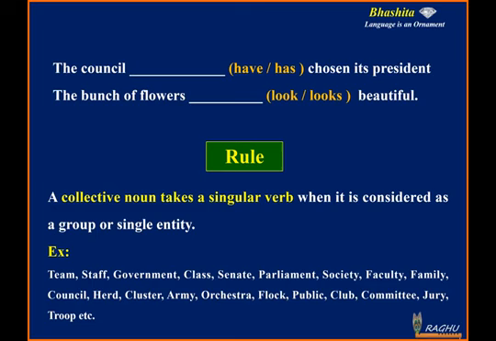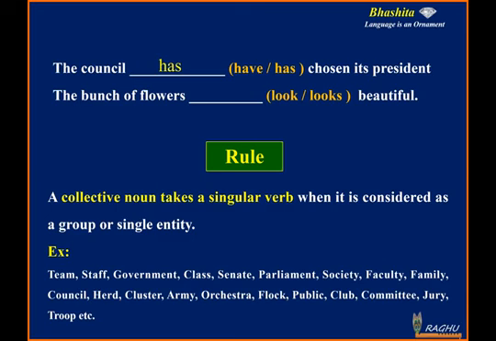So both are collective nouns. Both are treated as a single group. That is the reason we have to consider them as singular, and they always take a singular verb rather than a plural verb. So according to this rule, what is the right answer here? For the first sentence, the council has chosen its president. You know that very well.